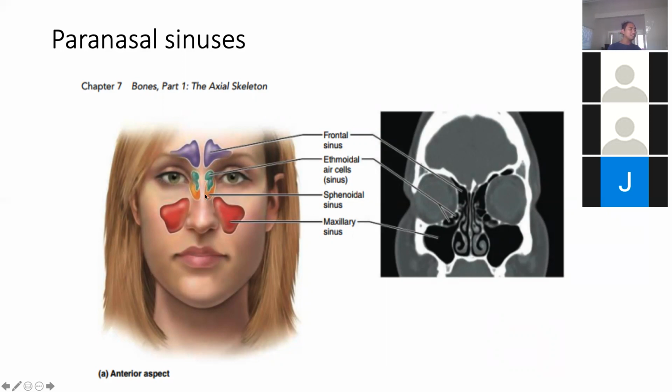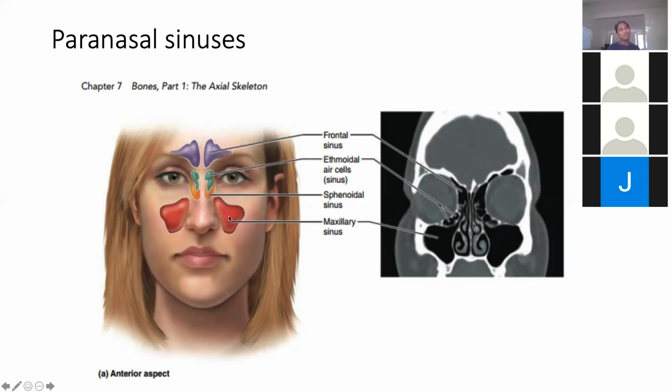And look at the base of the nose, sphenoid sinus. Here, look at that sphenoid sinus. And just on each side of the right and left eye, this is the ethmoid sinus. Ethmoid sinus here, and just around the eyebrow, medially, it is the frontal sinus.